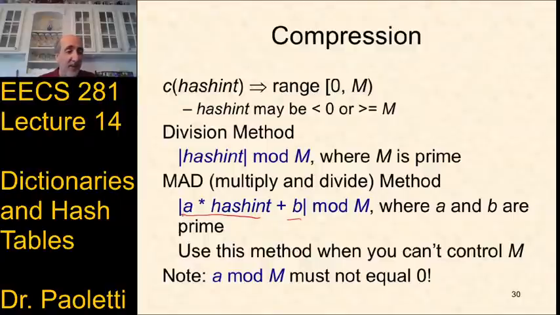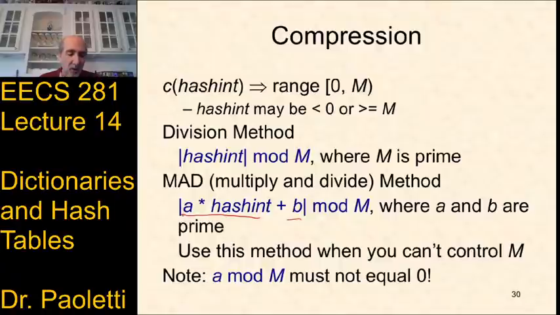It will not eliminate them. It can't eliminate them. But it might produce a little bit fewer collisions for a bit more complex hashing function, because now my compression takes longer to do.